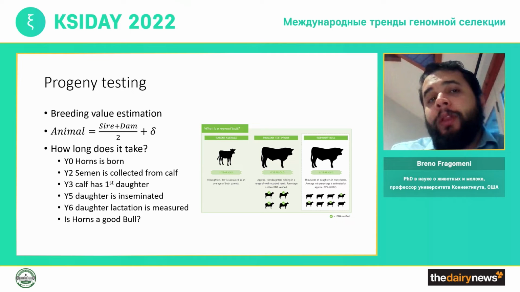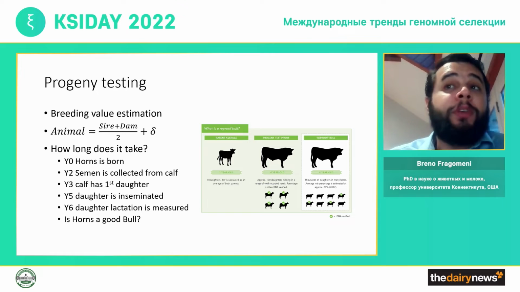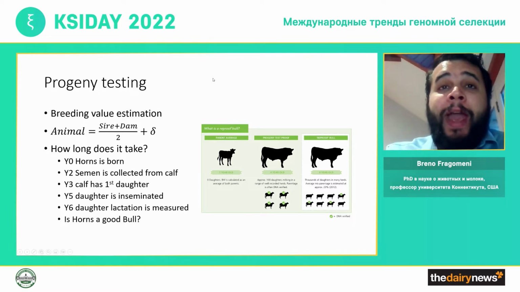At year 3, the first daughter will be born. This daughter will be inseminated when this animal is 4 to 5 years old. 9 months for pregnancy, 305 days for the first lactation. Then we'll have an idea if our bull that's now 6 years old is a good bull or not. It takes a long time, but it's very accurate.